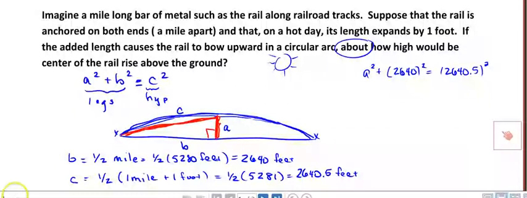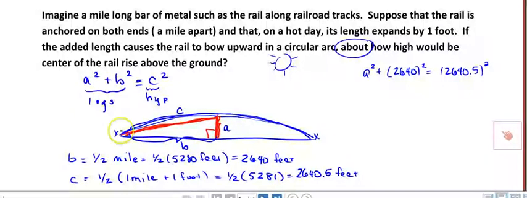So the piece of steel was 1 mile, which is 5,280 feet. So half of that would be half of 5,280 feet. So side B is half of 5,280, which is 2,640 feet. So that's the base of my triangle.